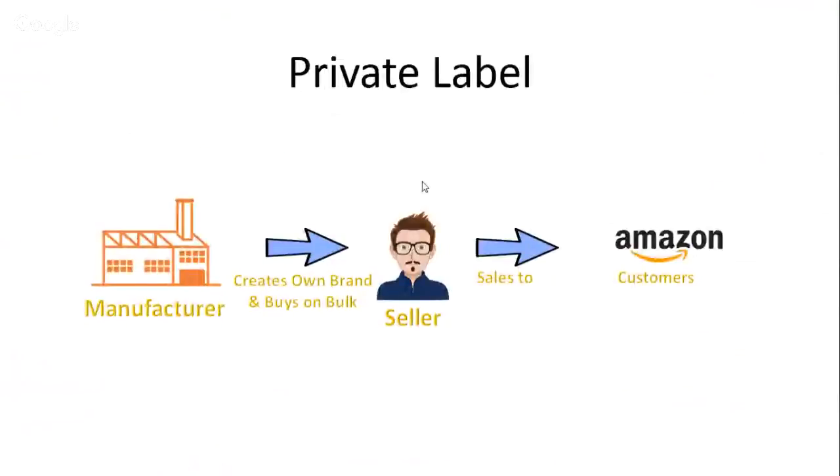In this model, what happens, okay, sorry, I need to explain. Another slide includes that. What is the private label model? I'll explain and I'll get to that slide. In this model, before finding the manufacturer, you will find a product, a potential market.